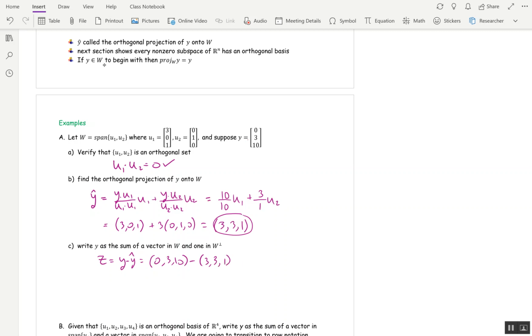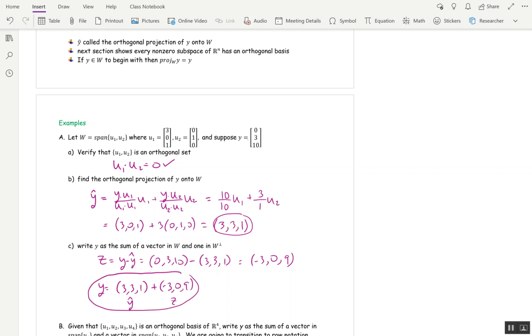And that gives us negative 3, comma, 0, comma, 9. All right, so Y is equal to 3, 3, 1, that's Y hat, plus Z, which is negative 3, 0, 9.